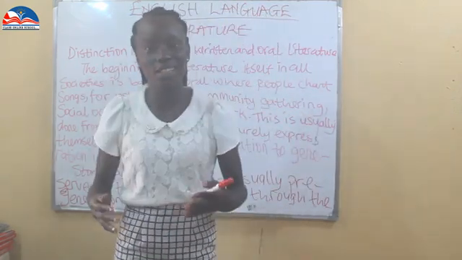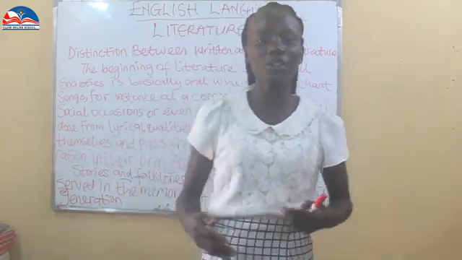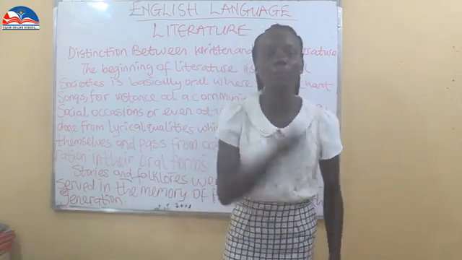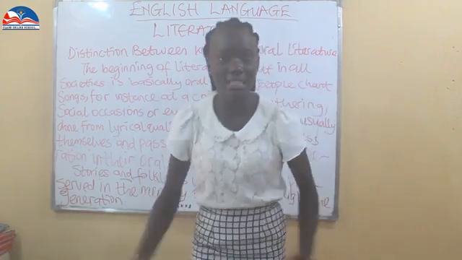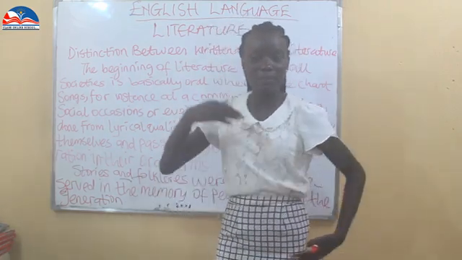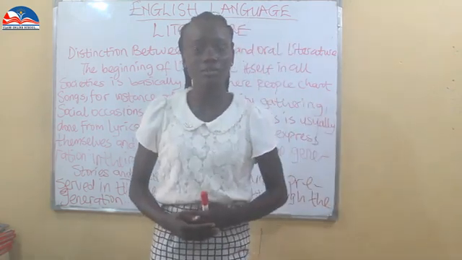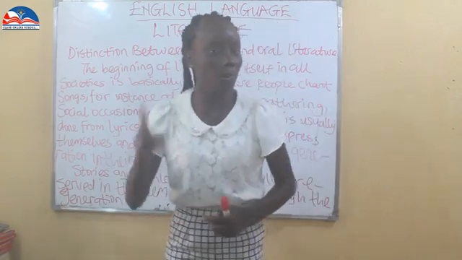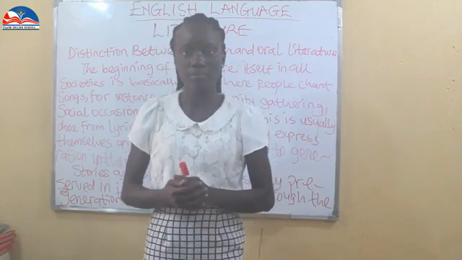Traditions and stories were passed to people from generation to another generation through what? Spoken form. It might be a tradition of a community, passed from a generation to another generation through what? Spoken form. Oral literature deals with spoken form.